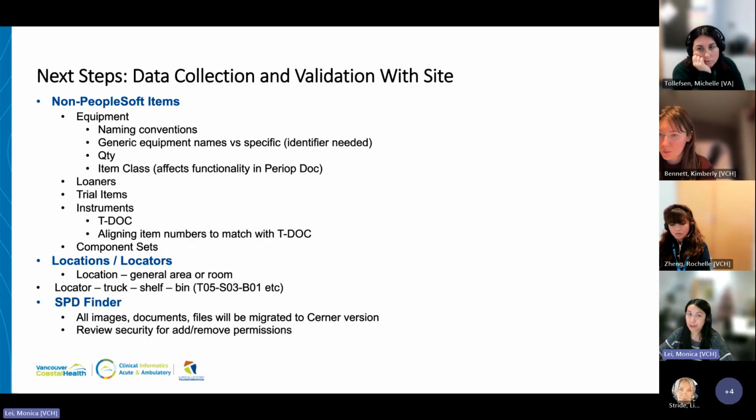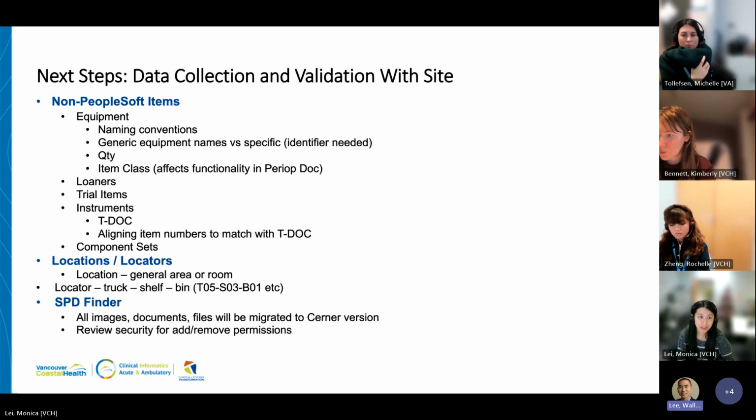And then Wally will tell us more about the next steps for your site. Yeah, so like I explained earlier, we do pull a lot of your information from the existing system for items and things like that.